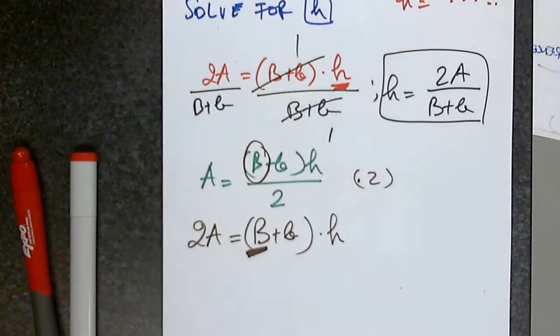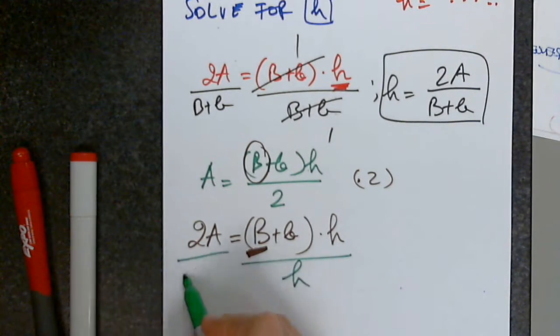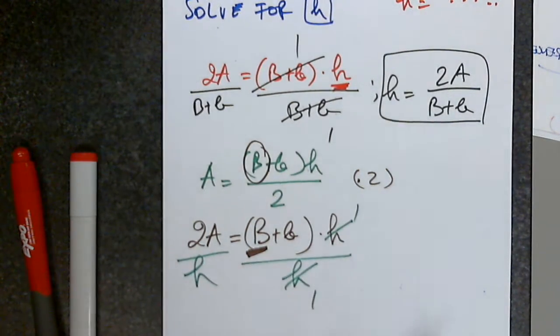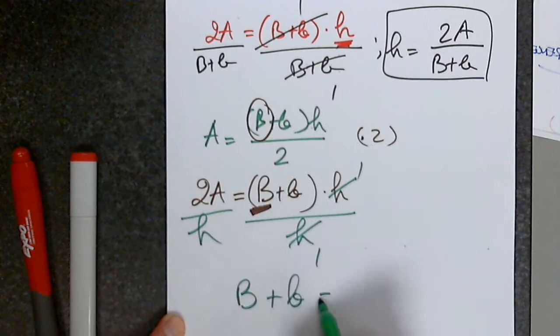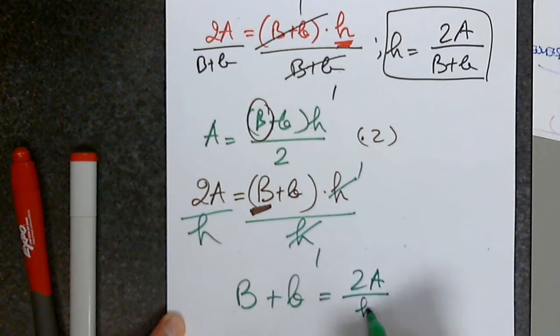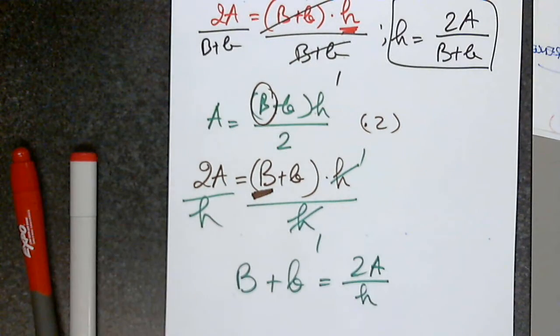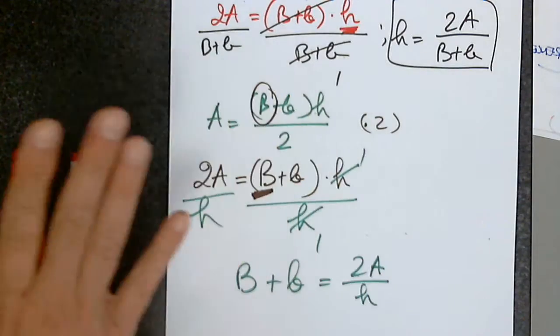Good. Now, what would you recommend? Absolutely. You can write this if that makes you comfortable. I prefer eliminating that step, but it's fine. So I have B plus b equals 2a over h. Notice that it doesn't matter which direction I write the equation from. I can write it from right to left or from left to right.